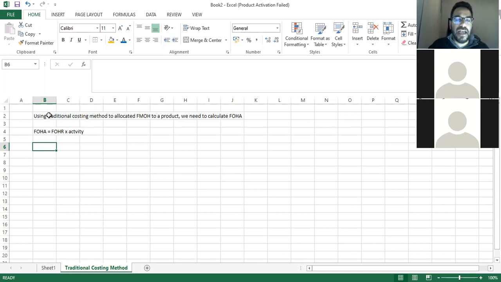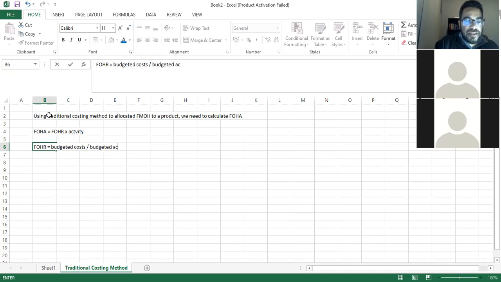Now the question is, how do we get this predetermined overhead rate? The fixed overhead rate is budgeted fixed costs divided by budgeted activity. Remember, your activity refers to your basis of allocating overheads. So just be aware of that.